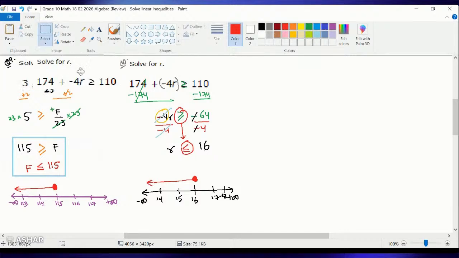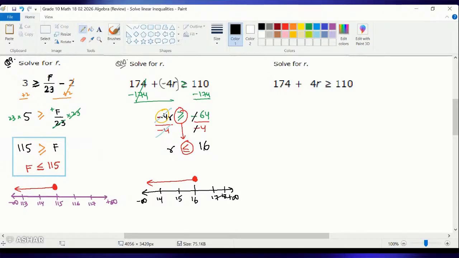But if I would take the same question and I would say that there was no negative sign. This is question number 11. There is no negative sign and there is no equal sign. There is simply 174 plus 4R is greater than 110. I'm just making small changes to question number 10 to make it question number 11.